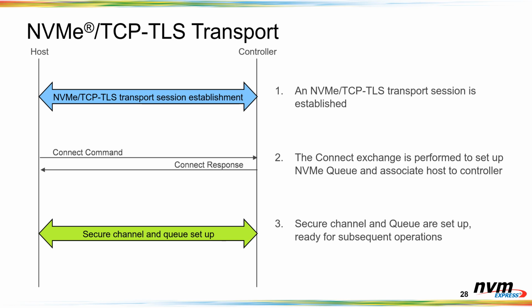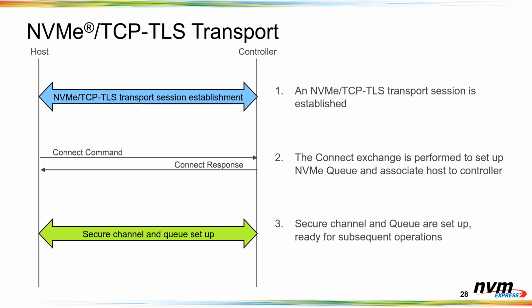The connect command is sent protected by TLS, and with the secure channel and the queue set up, you show step 3, we're ready for subsequent operations. So this sequence on the slide is repeated per queue, so that it will be run through at least once for the initial admin queue, and then once for the IO queue, and then additionally for each additional IO queue that is created.